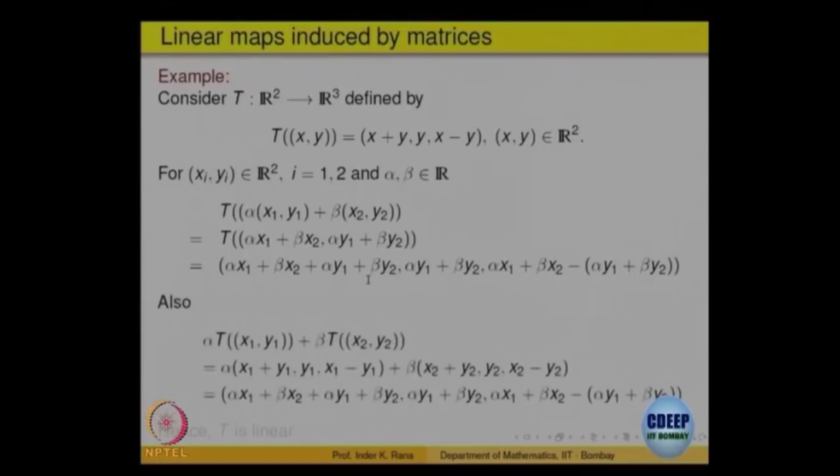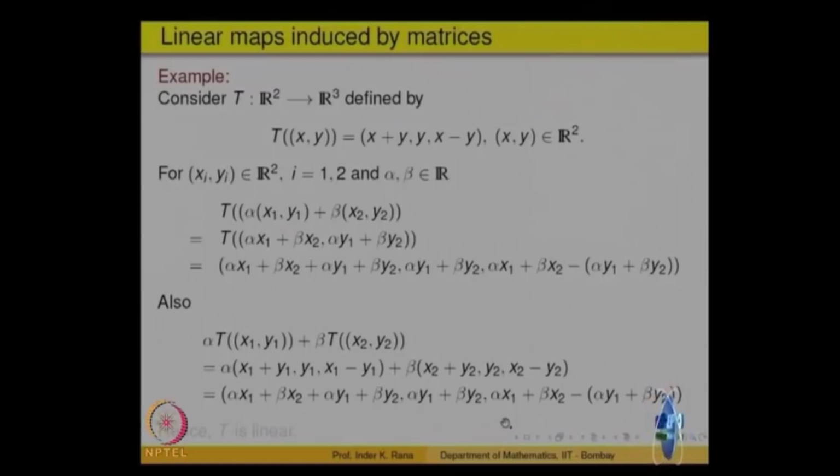On the other hand, you can calculate alpha times T of x1 y1 plus beta times T of x2 y2. So, what will that be? This will be alpha times (x1 plus y1, y1, x1 minus y1), that is the image of the first one, plus beta times the image of the second, (x2 plus y2, y2, x2 minus y2), and simplifying, both come out to be the same.